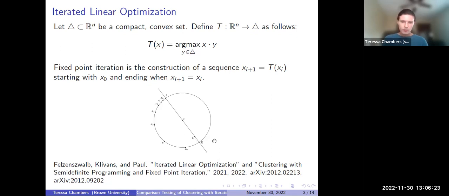If we started with x0 down at the bottom of the circle, the first time you apply T of x0, you'd go to this point x1. Apply it again, you go to x2, and again, and again, and you're moving up to this point A. And actually, if you start anywhere inside or outside the circle, you'll end up at this point A.